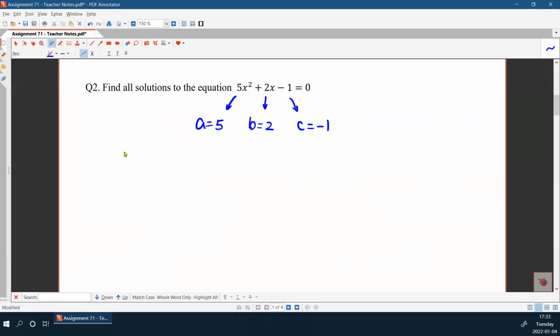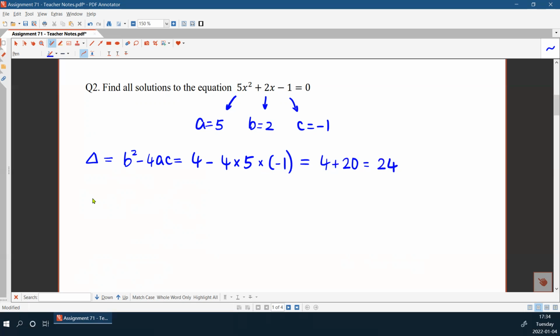So according to the quadratic formula, first of all, we'll calculate the discriminant delta, which is b squared minus 4ac, which is 4 minus 4 times 5 times c. c is -1. So here you will get 4 plus 20, which is 24.